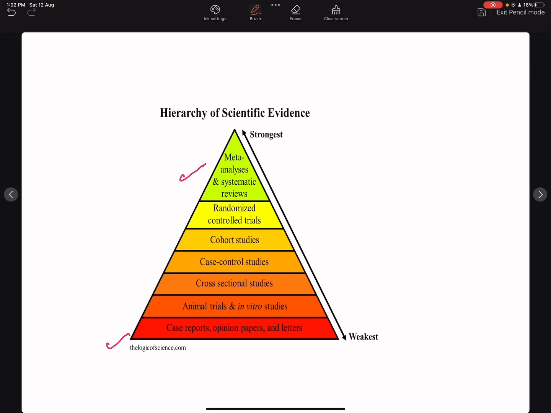In the middle, we have the randomized control trials, followed by the cohort studies, case control studies, cross-sectional studies, animal trials, in vitro studies, and finally, as we said, the case reports and opinion papers. This is showing the arrangement of the designs depending on strength. So the top of the pyramid is the strongest scientific evidence design of a study.